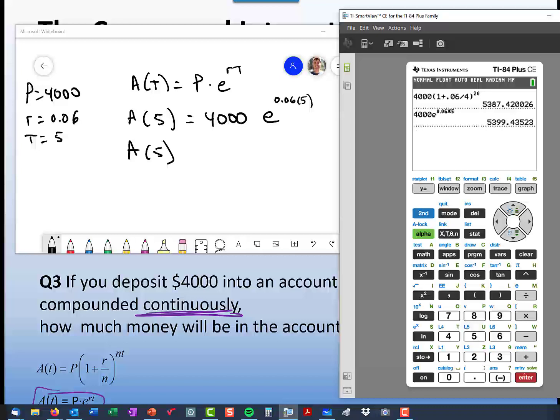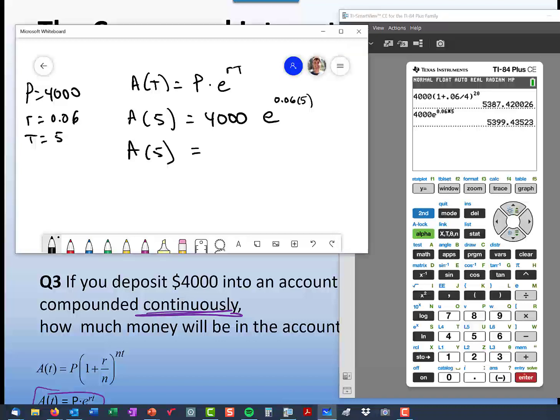And notice the 5 years compounding continuously earned a little bit more money than the one we had before. It's more than $10 more compounding continuously. So you do get better returns if you can get continuous compounding.